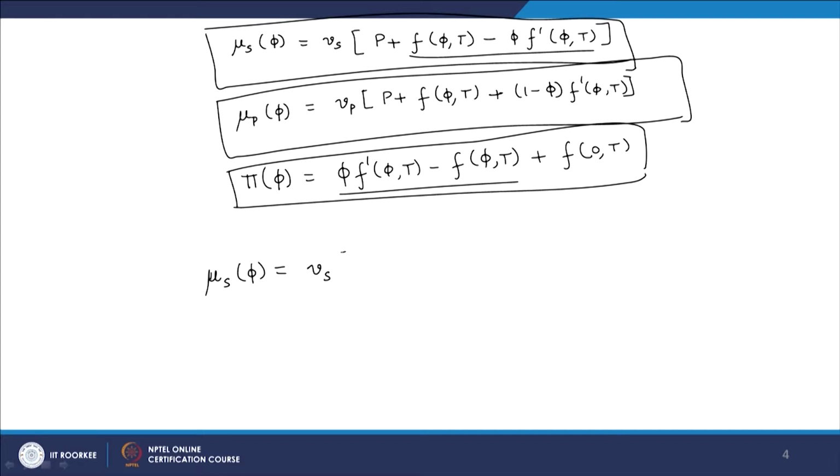So, in fact, we can write the solvent chemical potential as mu_s of phi is equal to V_s multiplied by (P minus pi), you can write as a function of phi and T, plus some constant value.